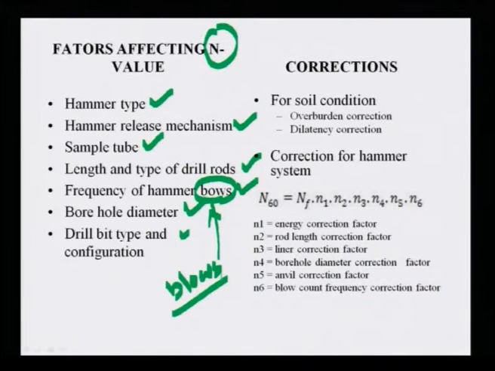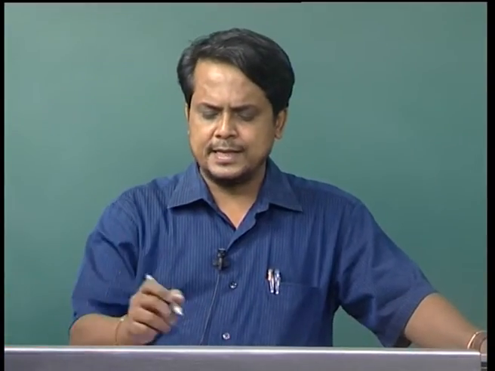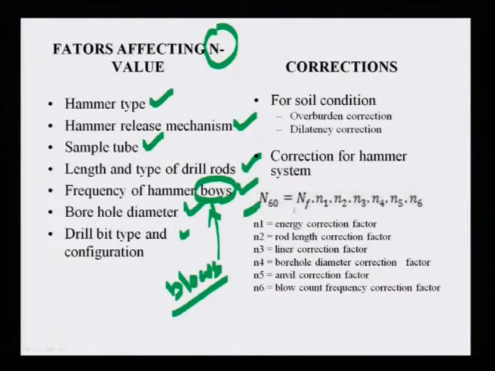Corrections for soil conditions, as I said earlier, there are two corrections, overburden correction as well as dilatancy correction. Then correction for hammer, it is N60. NF is your SPT after correction, then N is your SPT in the field, not after correction, with N1, N2, N3, N4, N5 and N6.